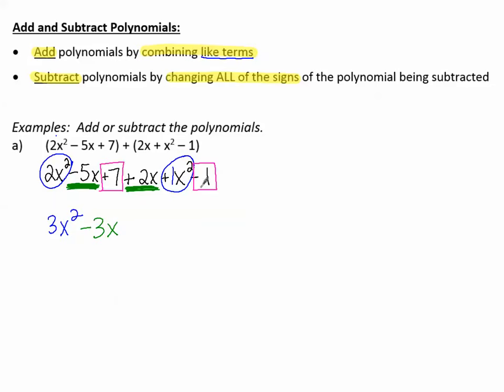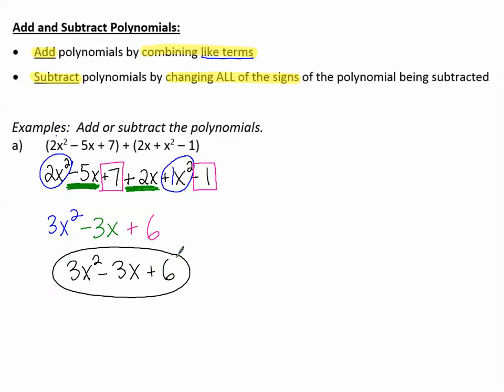Positive 7 added to negative 1 makes positive 6. So there's my polynomial in standard form, 3x squared minus 3x plus 6. There's our polynomial that has been combined from these two polynomials.